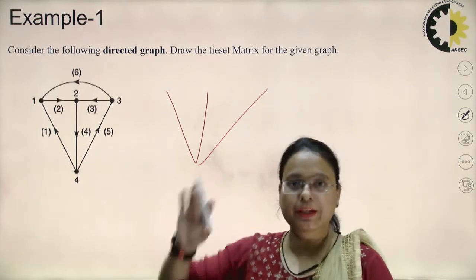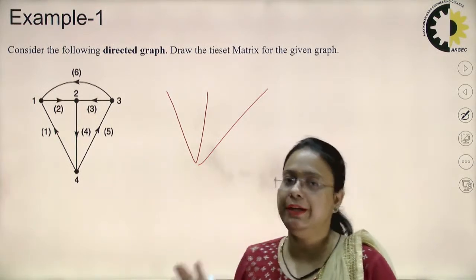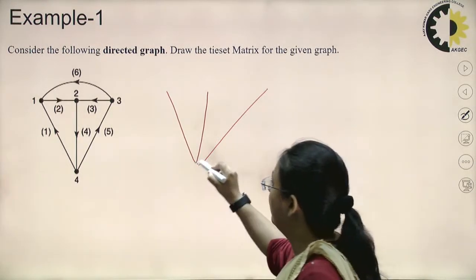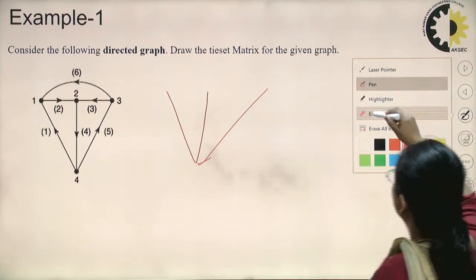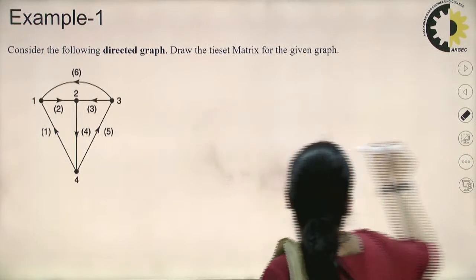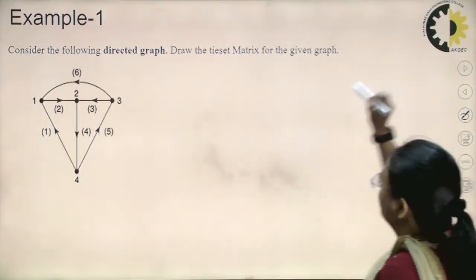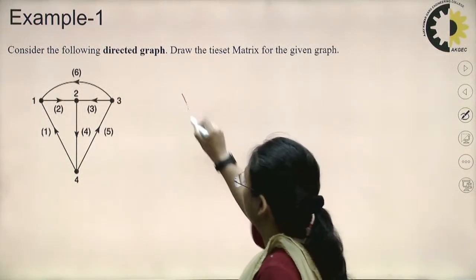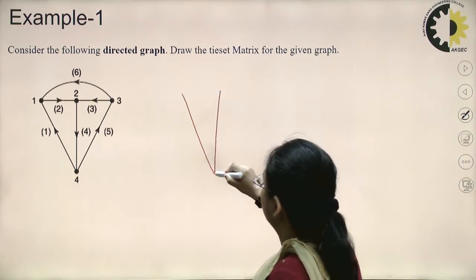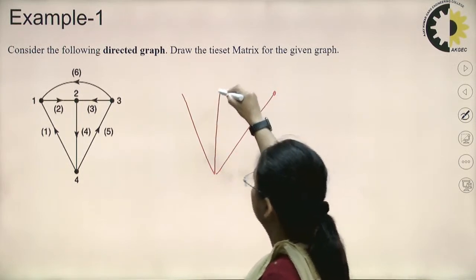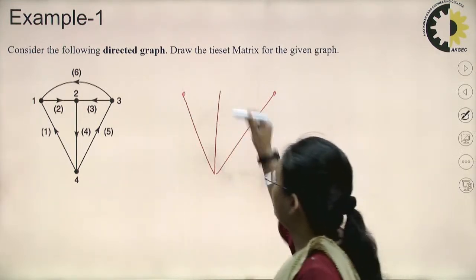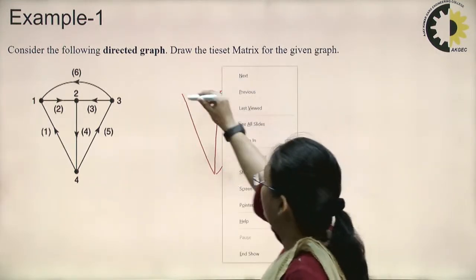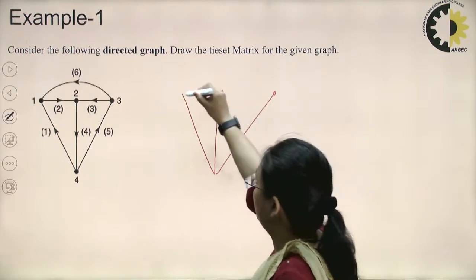I have drawn many trees from a particular graph. And if the direction of branches and names of the branches is not given to you, then you can assume yourself.